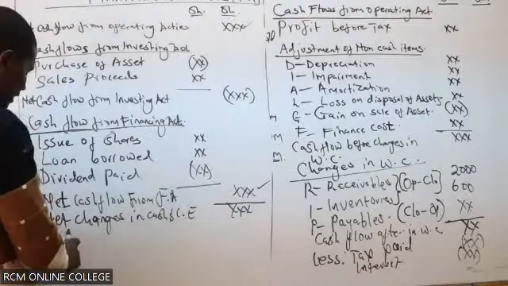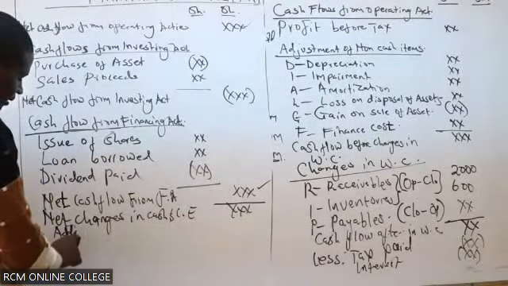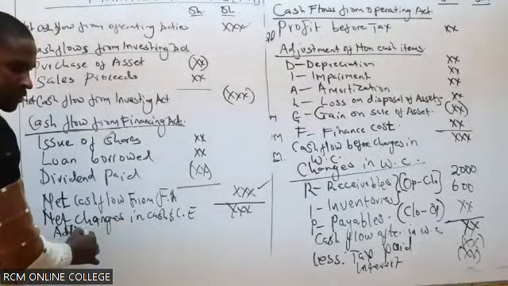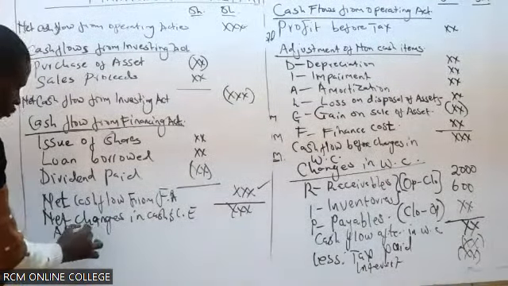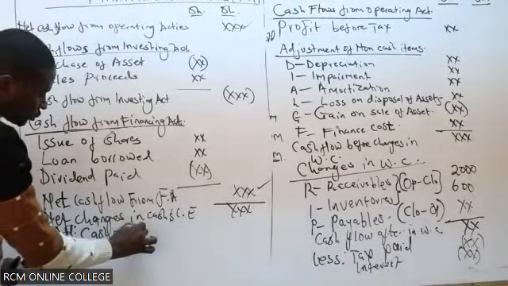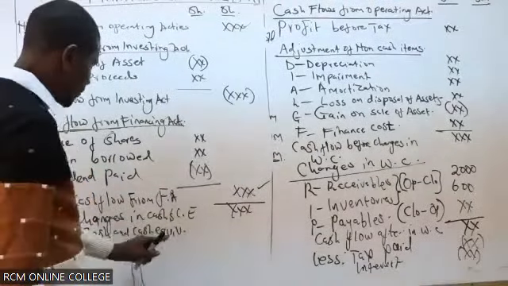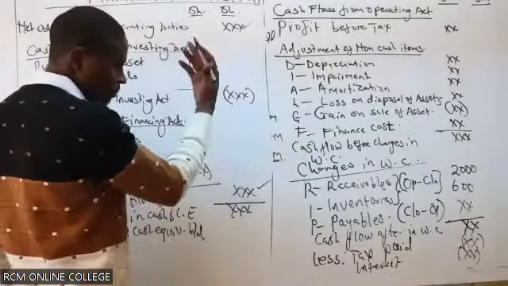Now, the last thing here is we add cash and cash equivalent already. So you add cash and cash equivalent brought down. For our years, where is brought down?